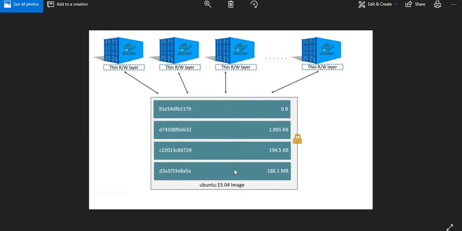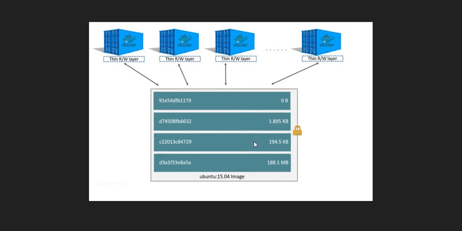We can make several containers from Ubuntu, and they all would be sharing the same Ubuntu image, and will only differ in the top writable layer, which is our container layer. So that is how we manage the memory. This is how Docker is managing the space so perfectly.